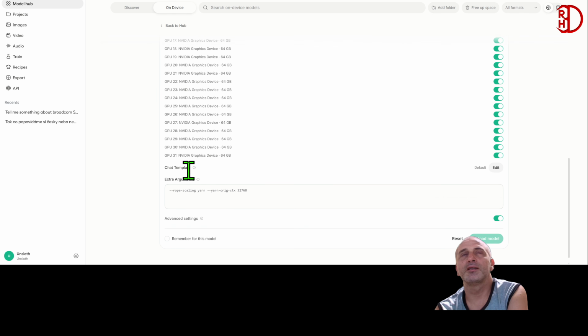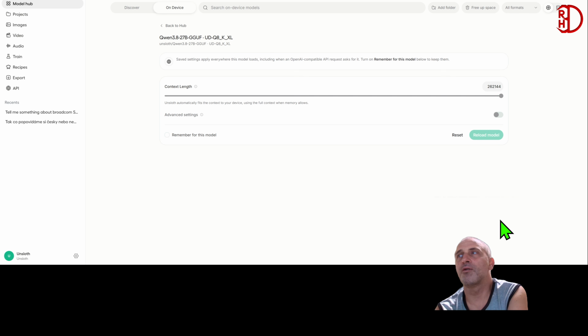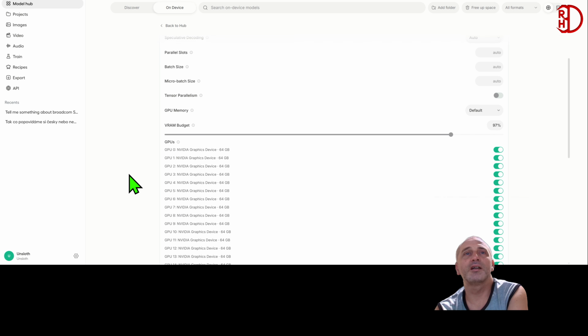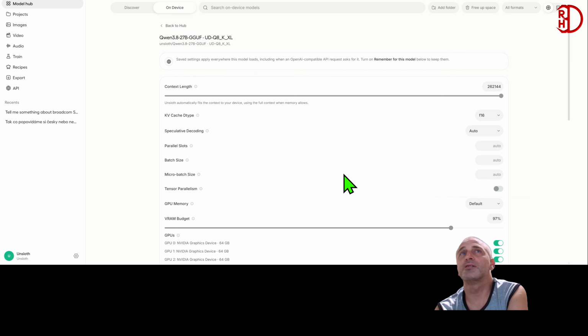You can edit the chat template, and I have advanced settings on, but see, here it is working. When I was loading the other models, I just clicked on this and there was nothing. I was unable to solve those issues.